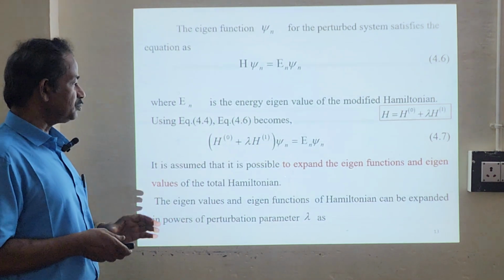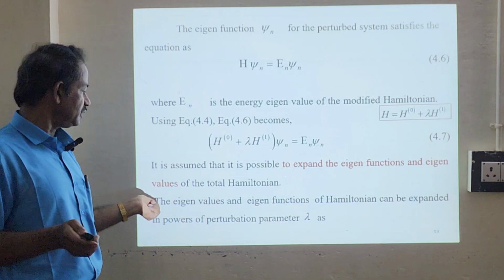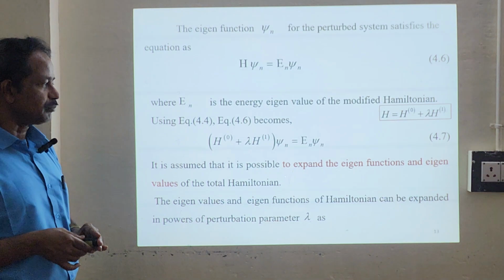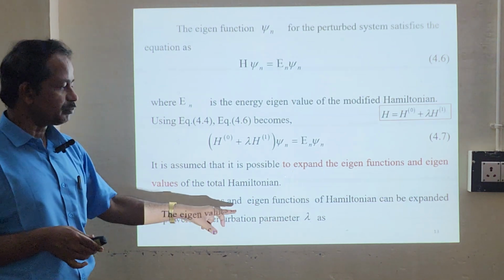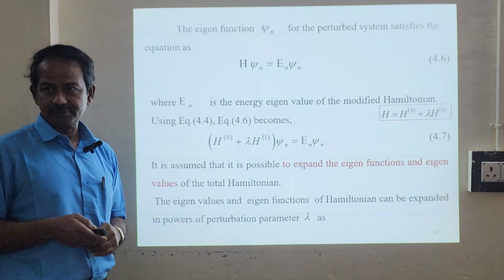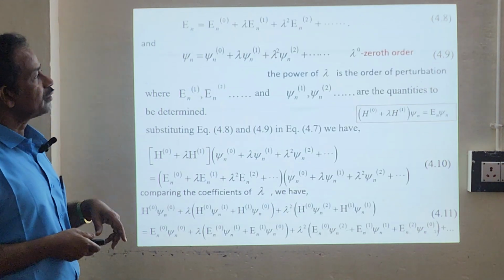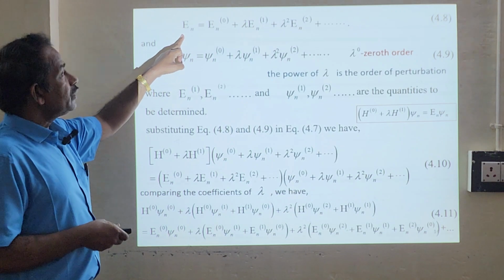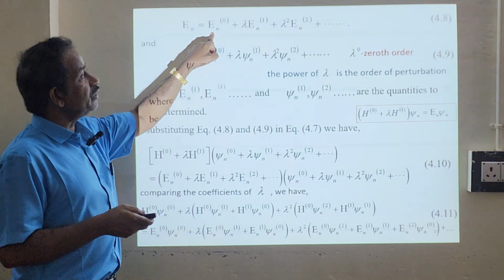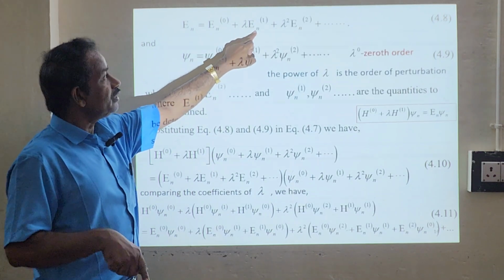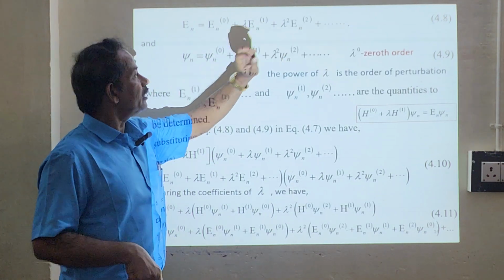It is assumed that it is possible to expand the wave function and eigenvalues of the total Hamiltonian. The eigenvalues and eigenfunctions of the Hamiltonian can be expanded in powers of the perturbation lambda. So En becomes En0 plus lambda En1 plus lambda squared En2.